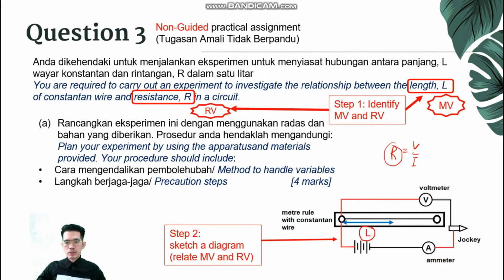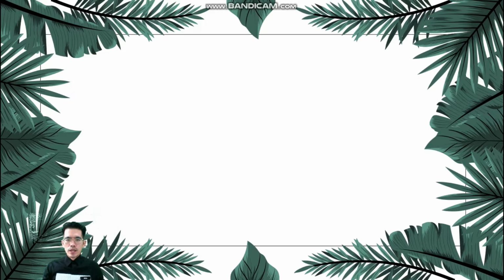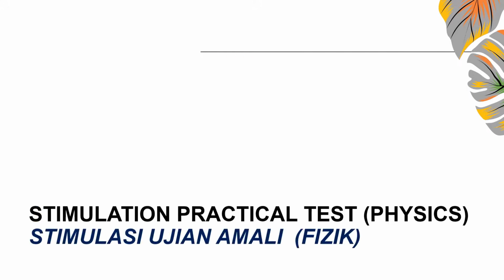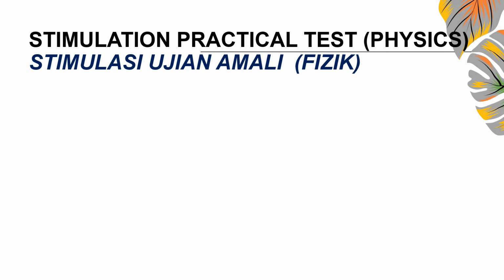After this, we have to conduct our experiment. Let us see together how to conduct this experiment based on the diagram, through the practical test simulation. In this video, I will show you the simulation practical test for the subject physics.